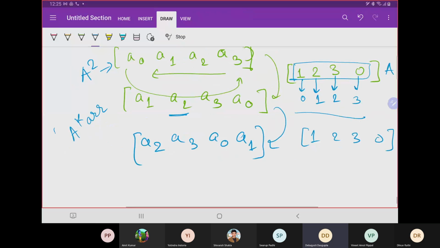For finding A power K, you are again doing a power operation. Break the K into its binary parts, something like 1, 0, 1, 1, and do a binary exponentiation on this K. It will reduce from O of K to O of log 2 K steps.